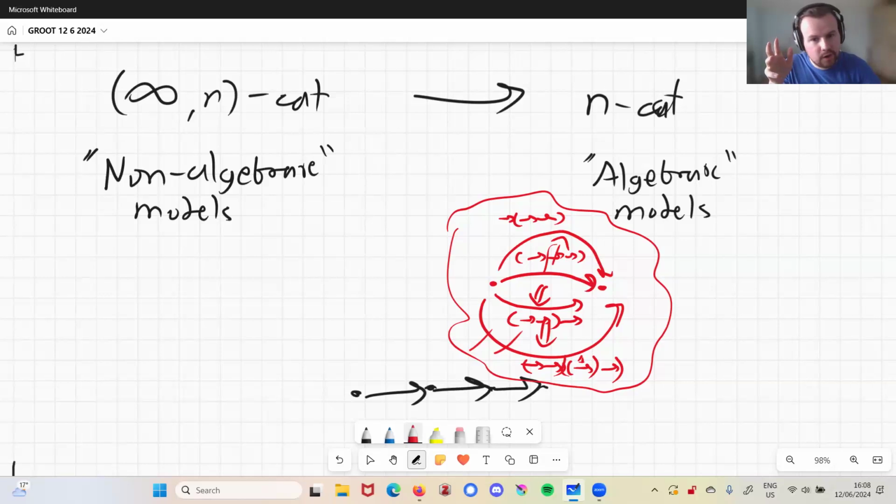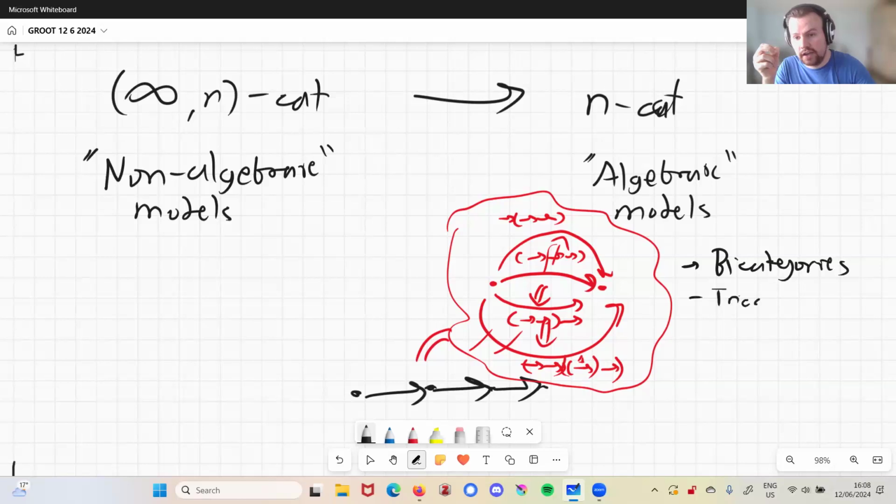So this answer, where we know what the composite is of a bunch of morphisms in a certain manner, these are algebraic models. And so, for instance, we'd have things like bicategories following Bénabou. We'd have classical tricategories.